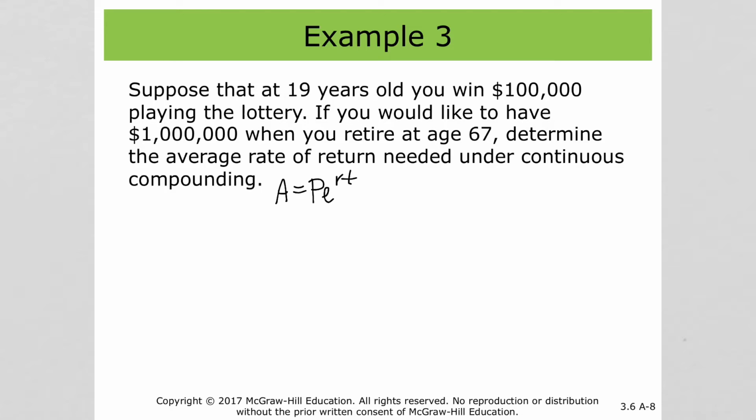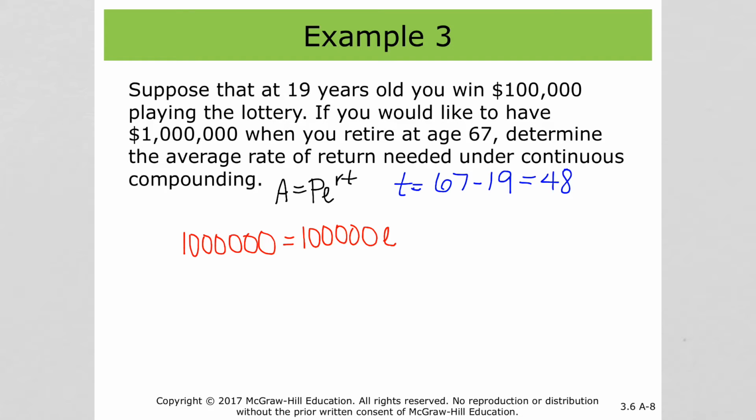So we want to get $1 million. So the amount we're accumulating will be 1 million. The amount we're starting with was 100,000. We know that this person is retiring at age 67, so we need to find t. 67 minus 19 is 48.